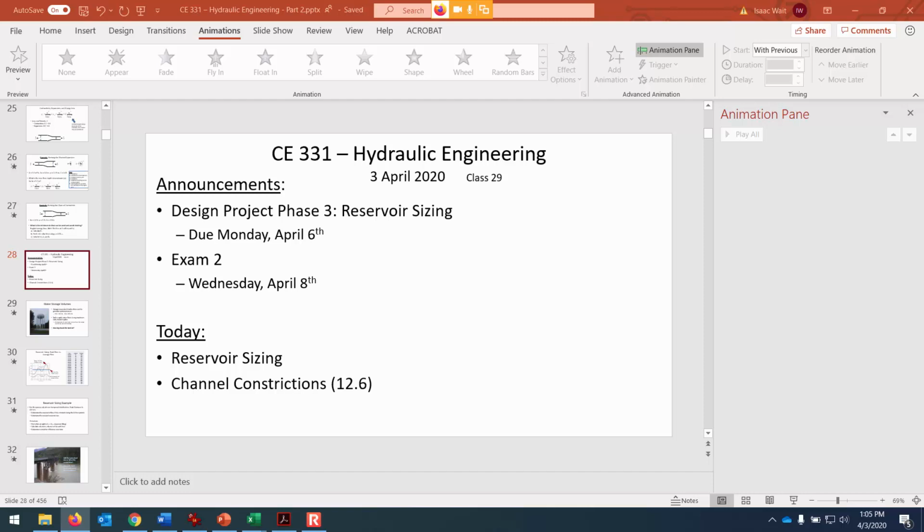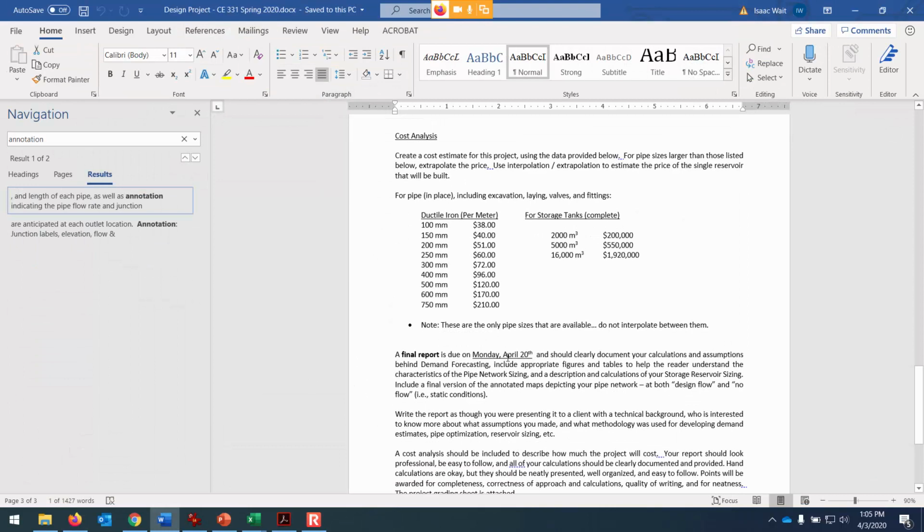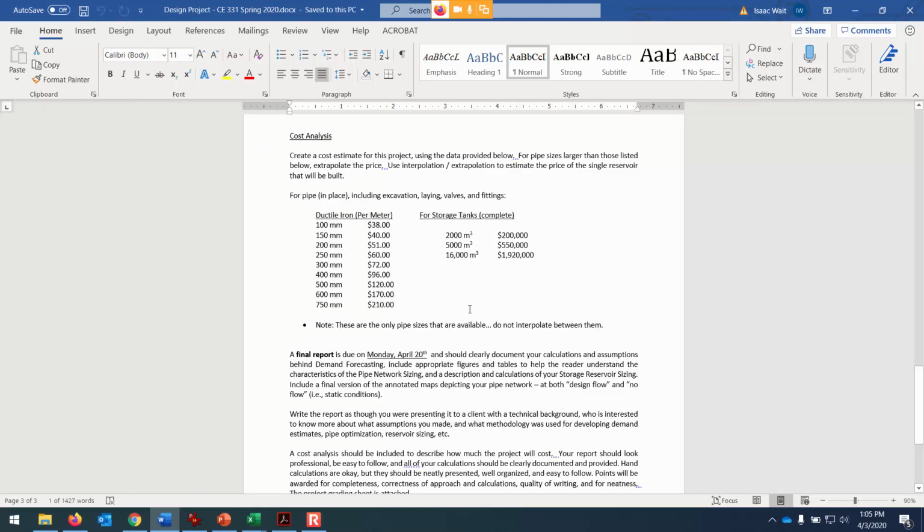Thank you, Jeffrey. What you need to do is in the final report, you should fix any errors or mistakes that you've noticed along the way. So you don't need to submit it separately, but you integrate all the fixes to your demand estimation, to your network sizing. All of that is incorporated into the final report.